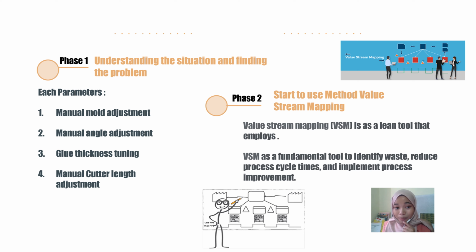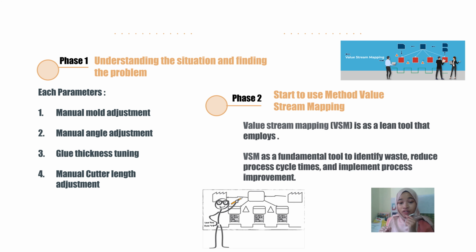So, for the steps, first, phase 1, understanding the situation and finding the problem for each parameter, which are manual mold adjustment, manual angle adjustment, glue thickness tuning, and manual cutter length adjustment. From this, we need to find the problem and move to the second phase, which is to start using a method, value stream mapping.